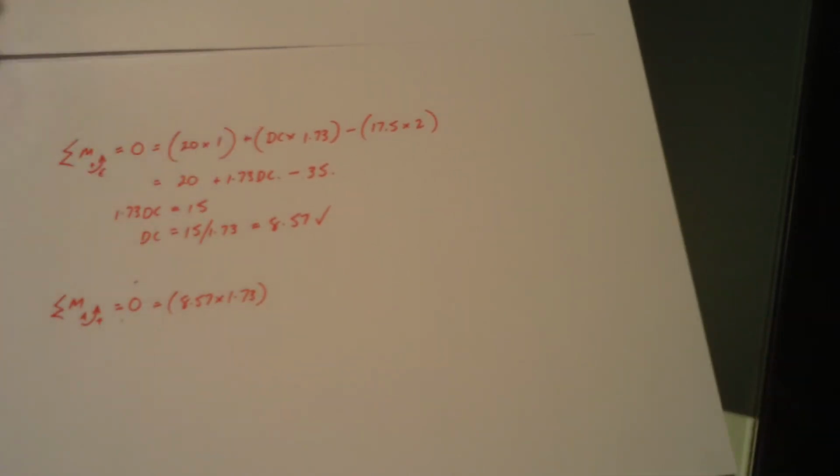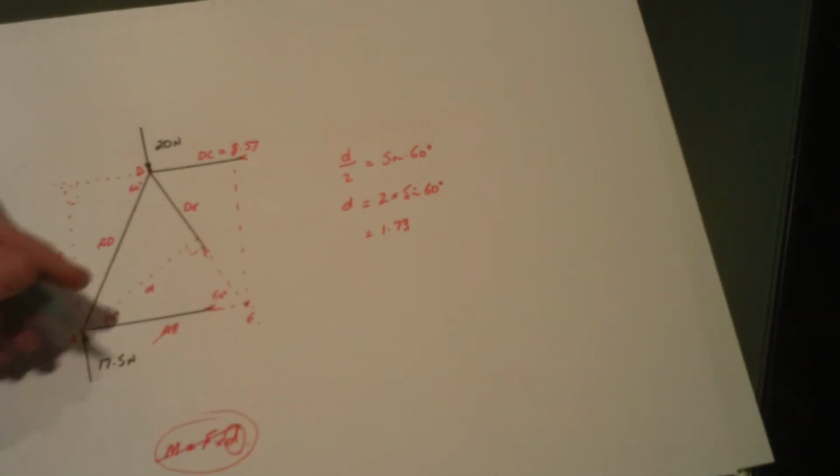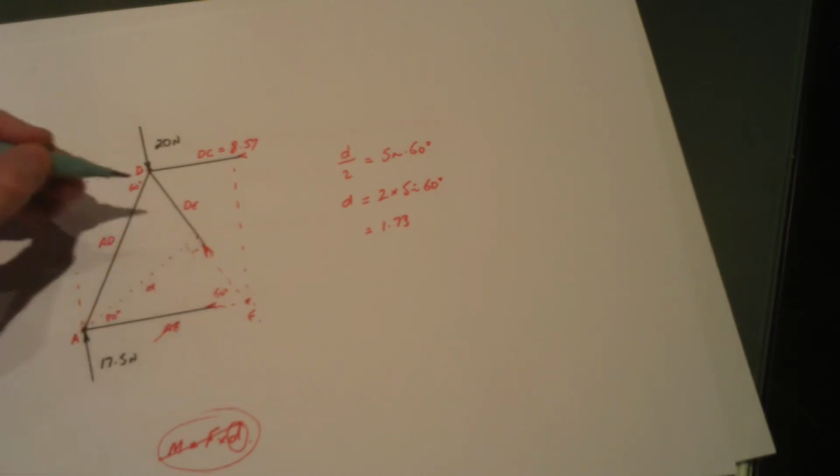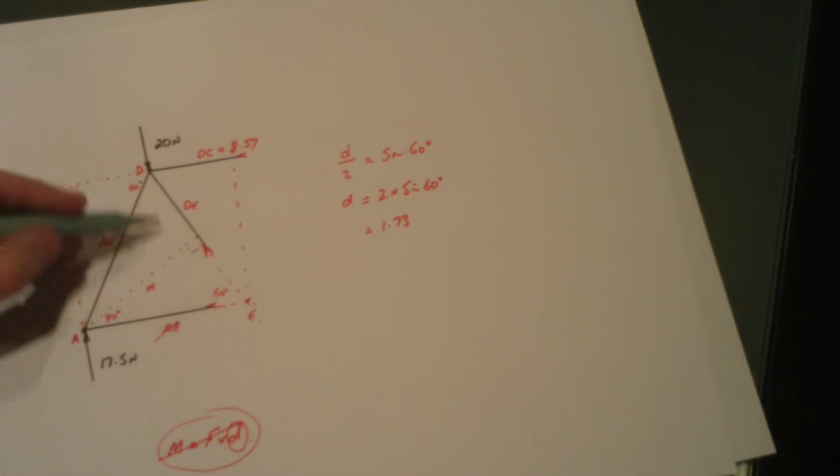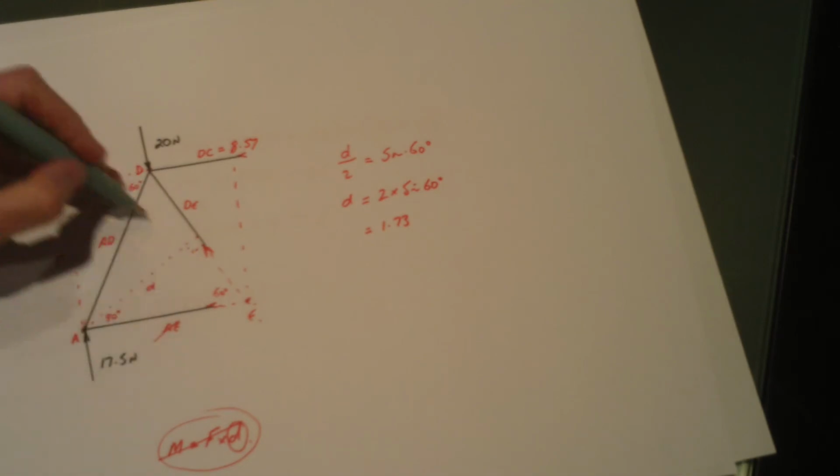And then, because it's just convention to put the positives in, let's just keep going with the assumption that DE is heading upwards, which means it's going in a positive direction.